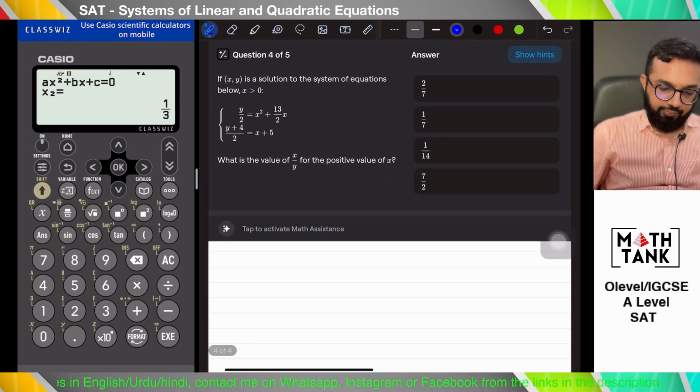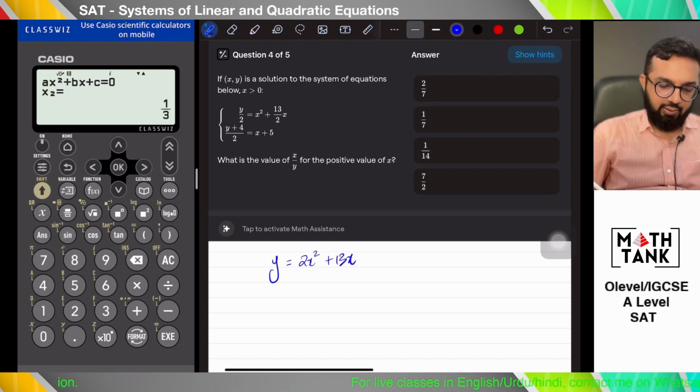And for a positive value of x. Okay, my best way of doing this is to first simplify these equations.